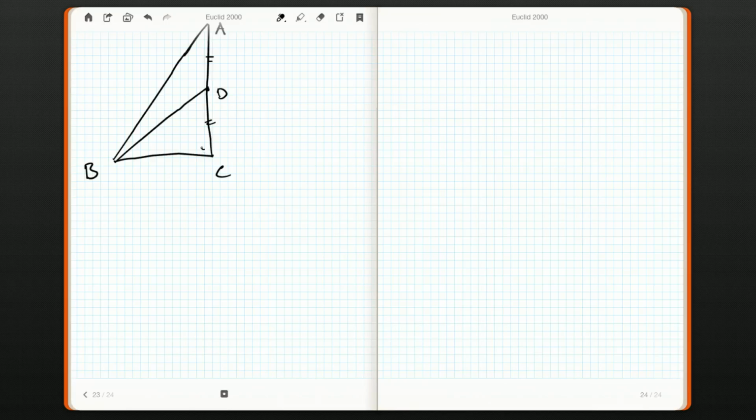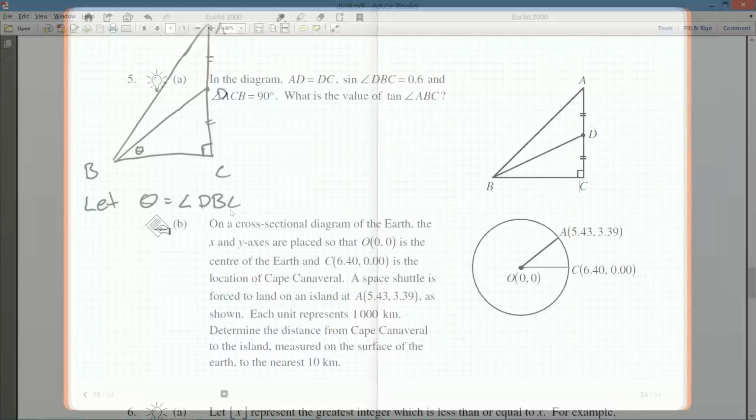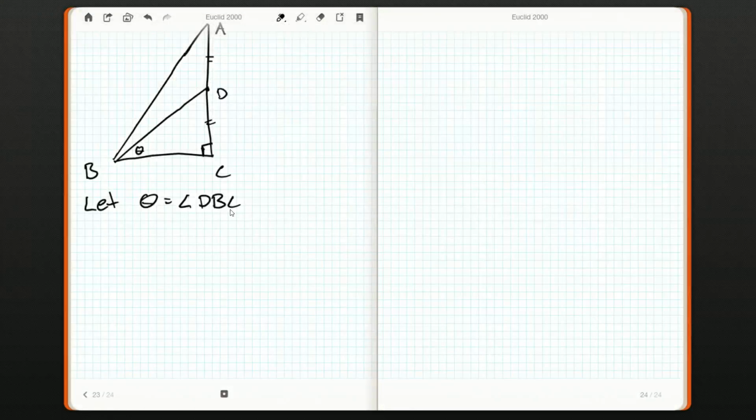We know we have a right angle here, and we know a little bit of information about this angle right here. So let's let theta equal angle DBC. Yes, DBC. So we know that sine of theta is 0.6.